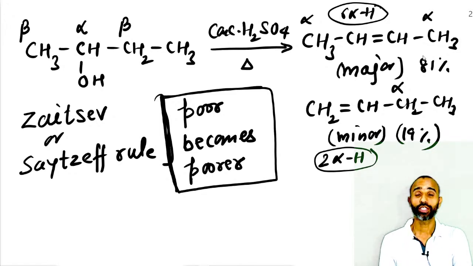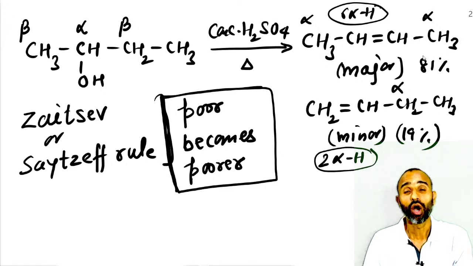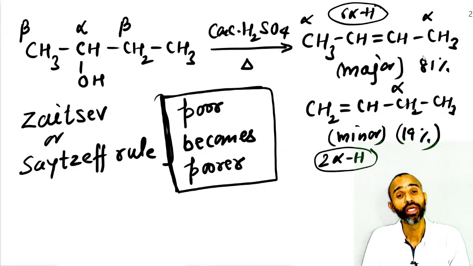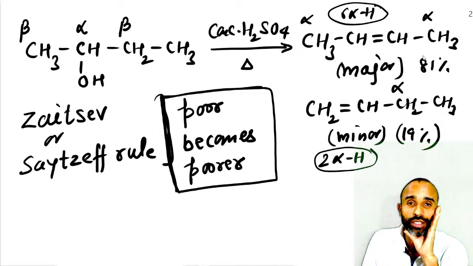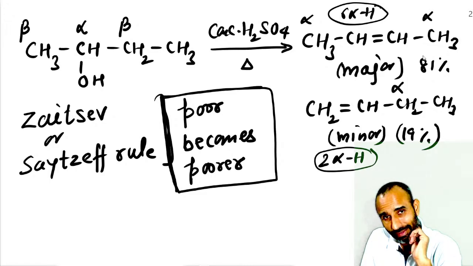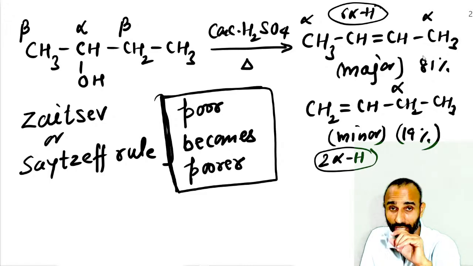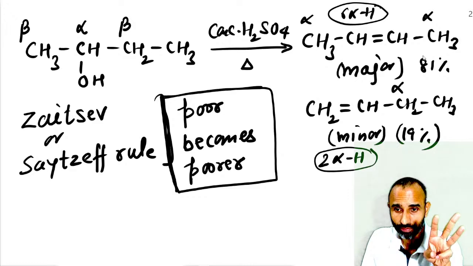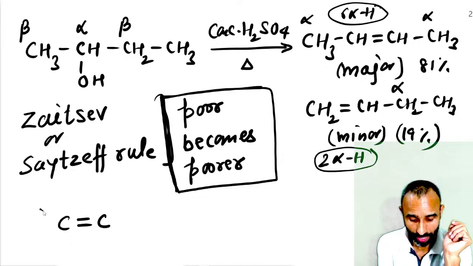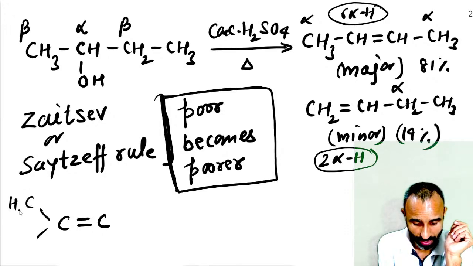And if the question is like this, how many total compounds are formed including isomers, including stereoisomers? Then how many products are formed? There are three. This is a trans isomer of the major, because But-2-ene can exist as cis and trans.